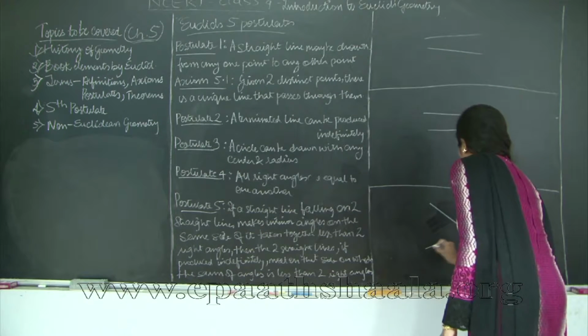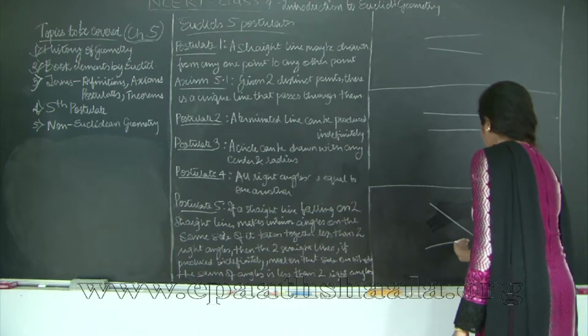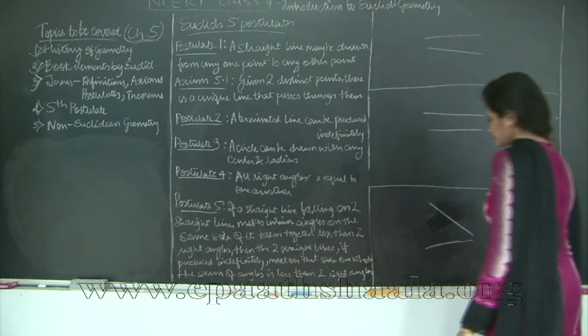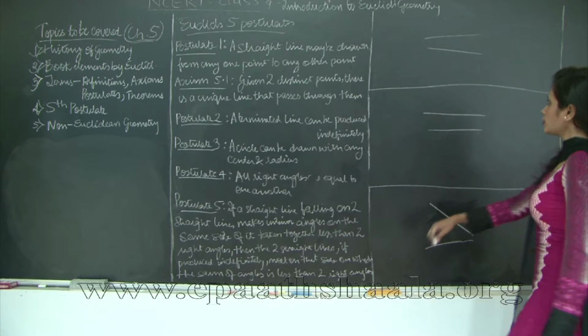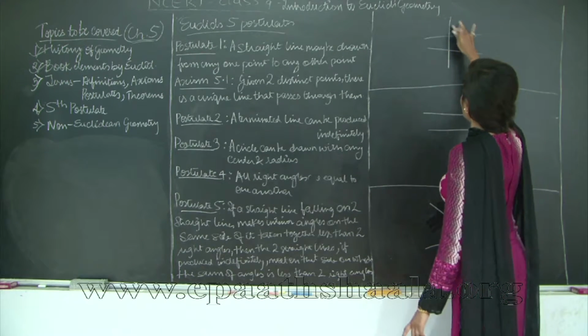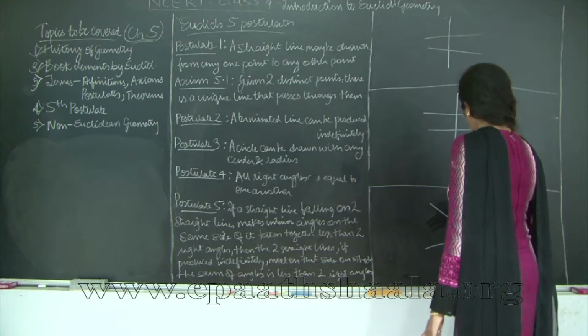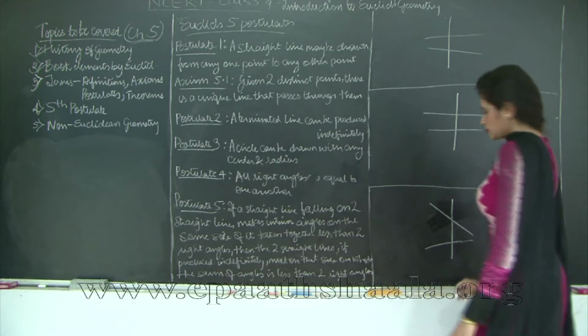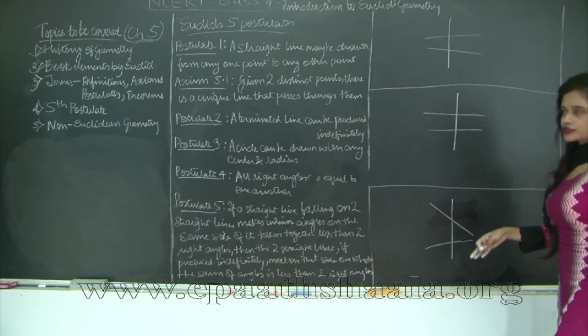So these could be my two straight lines. And there is a line falling on these two straight lines. So let's say I'm just keeping one straight line like this in the same direction.